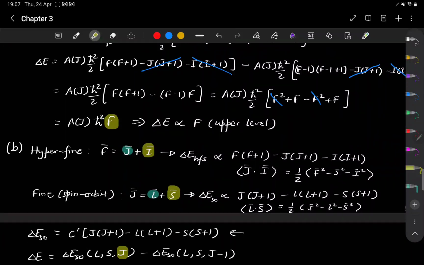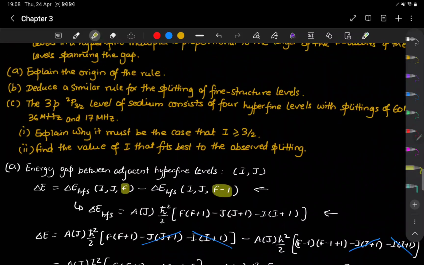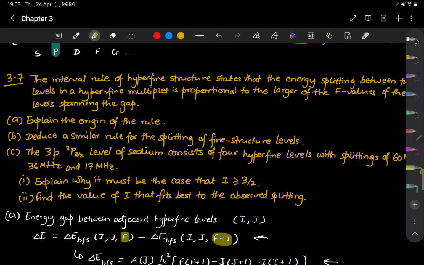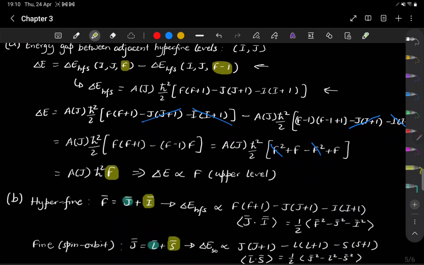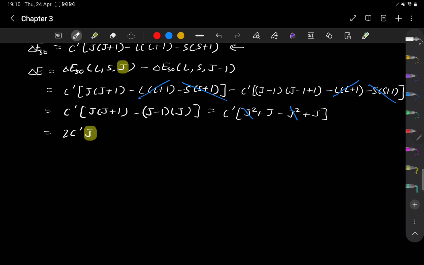Now we move to part C. So let me draw the energy structure. You have 4 levels.